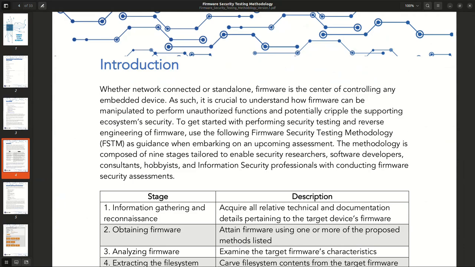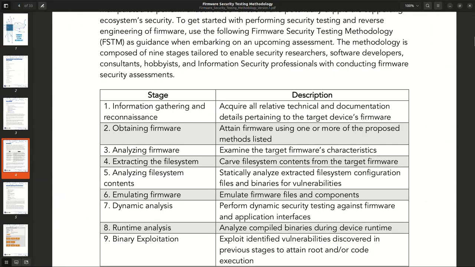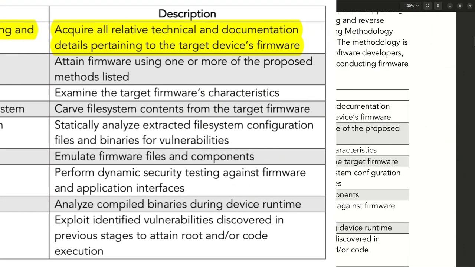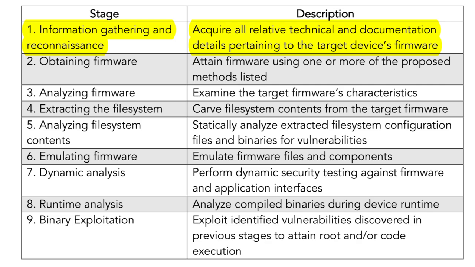The methodology is composed of 9 stages tailored to enable security researchers, software developers, consultants, hobbyists, and information security professionals with conducting firmware security assessments. So the first stage is going to be information gathering and reconnaissance.